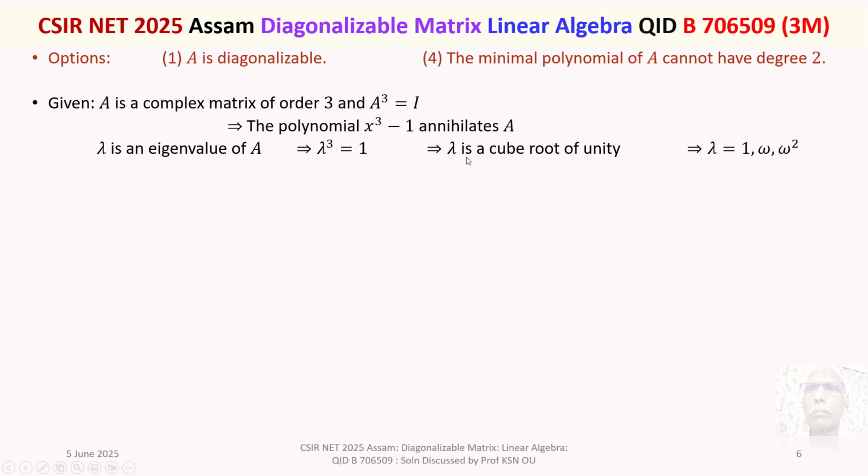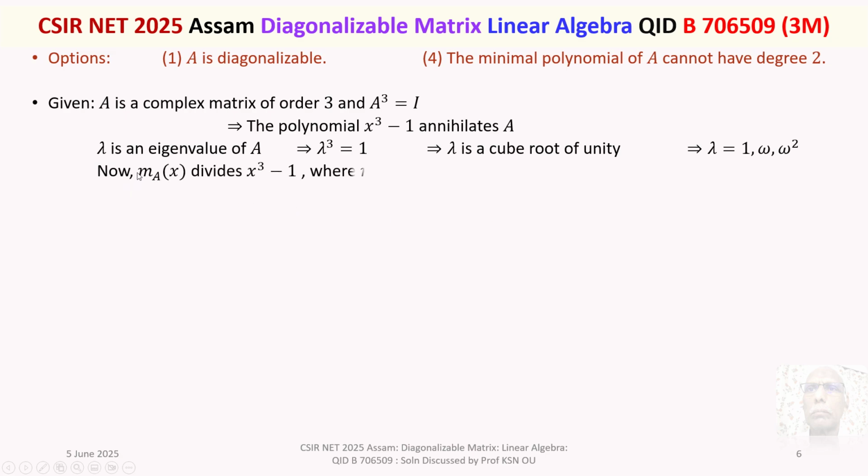It means lambda is a cube root of unity. What are the cube roots of unity? Lambda can be 1, omega, omega square.